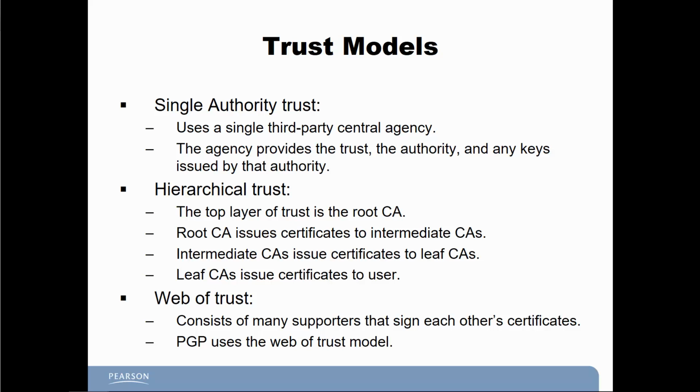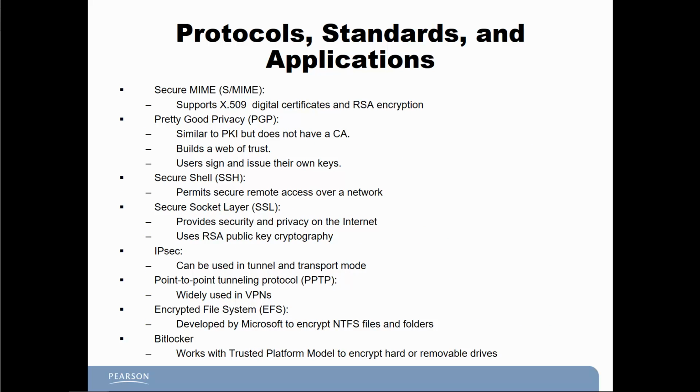The web of trust, we've already kind of talked about. That consists of many supporters that sign each other's certificates. And because we trust the web of trust, we trust the certificates that they're signing. That's less common, but it still exists.